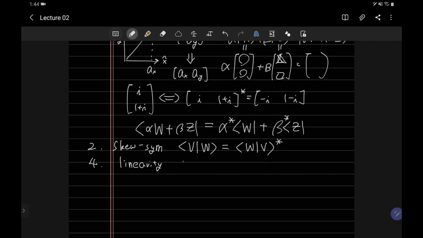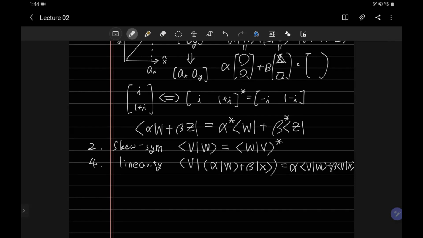Another property we had was linearity. What linearity says is that if we have V with alpha W plus beta X, then the result is alpha (V, W) plus beta (V, X), something like this.